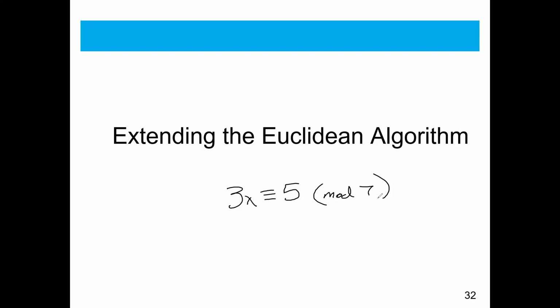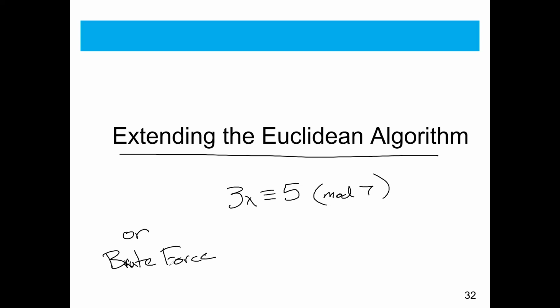The only way to solve this problem is two ways: either use this or brute force. And to be honest, in this case brute force is not too bad, because all I have to do is literally compute 3x mod 7.